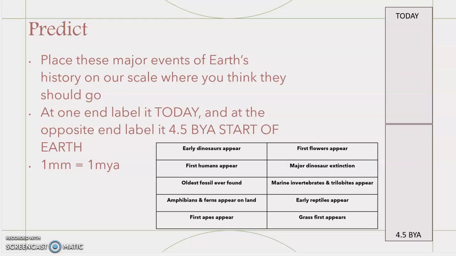At the top of your strip of paper you put today, at the bottom you put 4.5 BYA. BYA stands for billion years ago, and that's where we have been able to pinpoint the start of our Earth, the birth of our planet. Okay, so fill those in. Again, pause, because I have to keep going with these directions. My timer's clicking down.